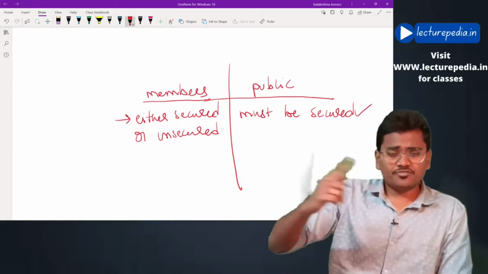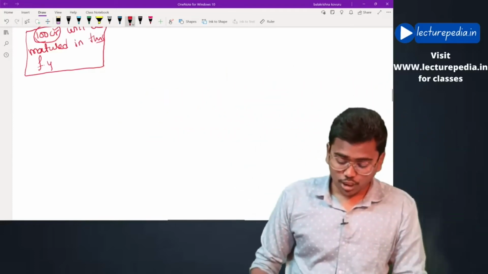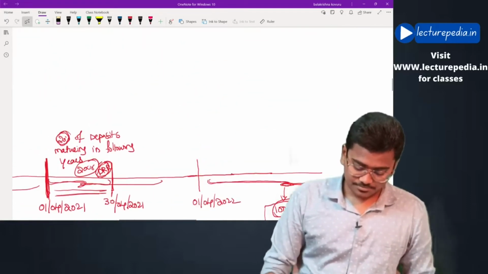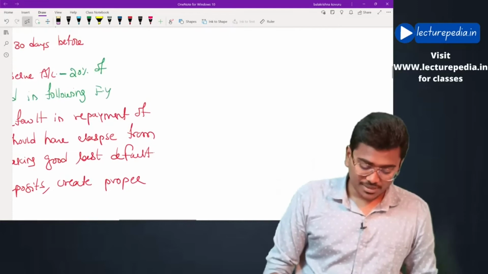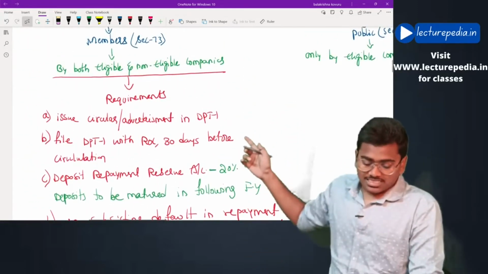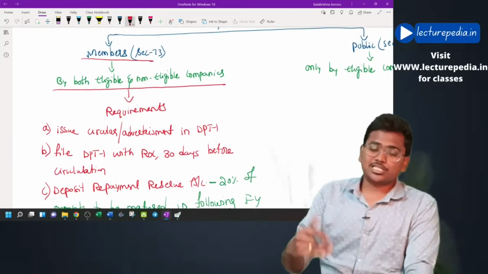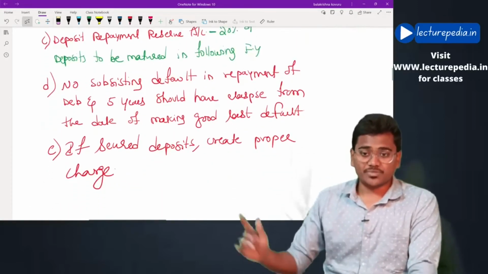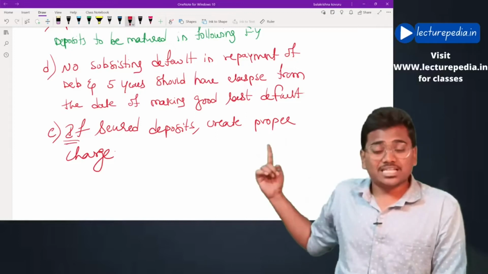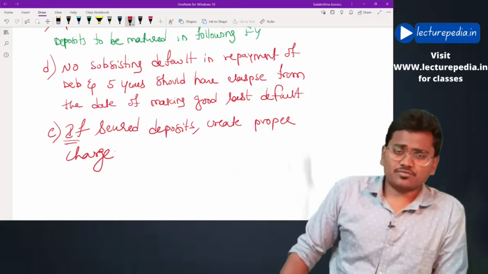Here the fifth condition says, because we are discussing the conditions for raising deposits from members, you can raise either secured or unsecured deposits. Thereby, if they are secured deposits, then create proper charge on the assets of the company.